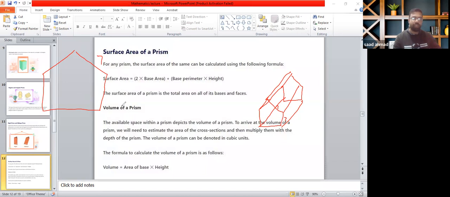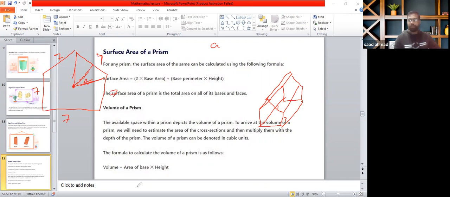And let's say this is the center, and the distance from the center to the side is 4. This distance is called the apothem, represented with A. And every side is 7.